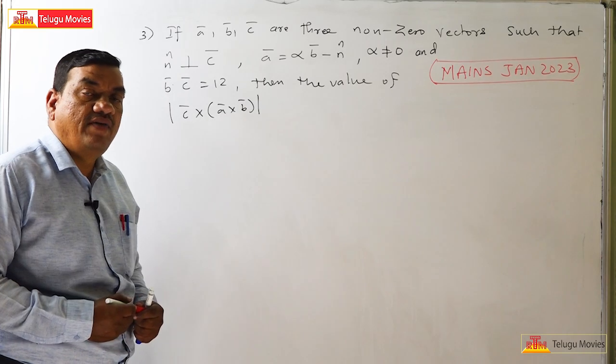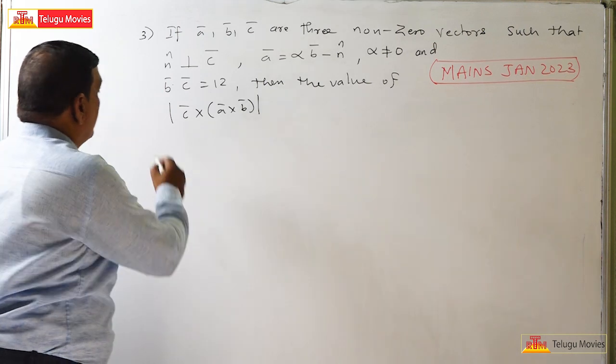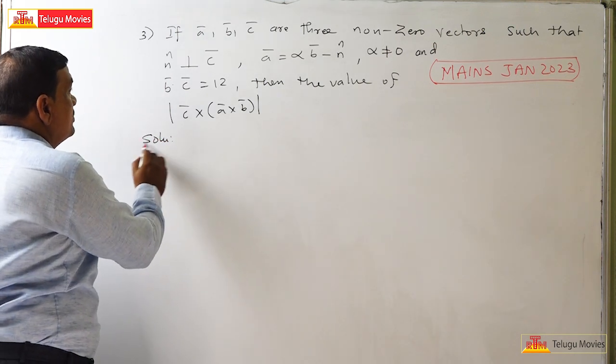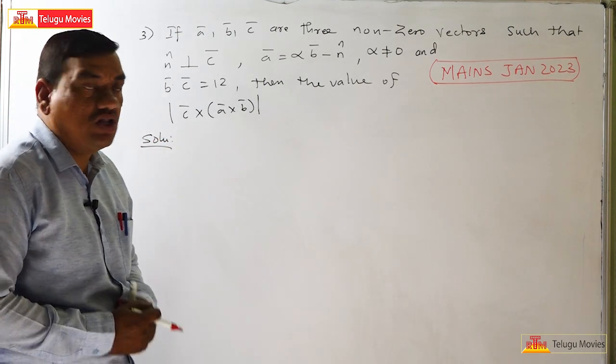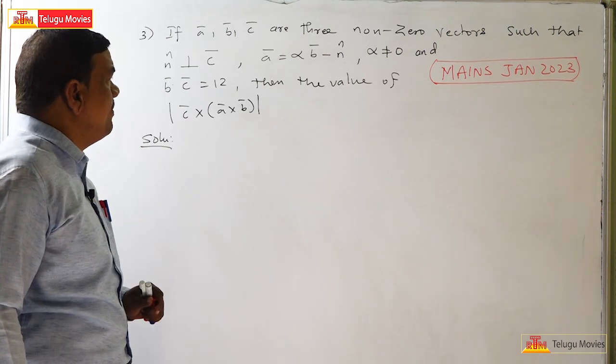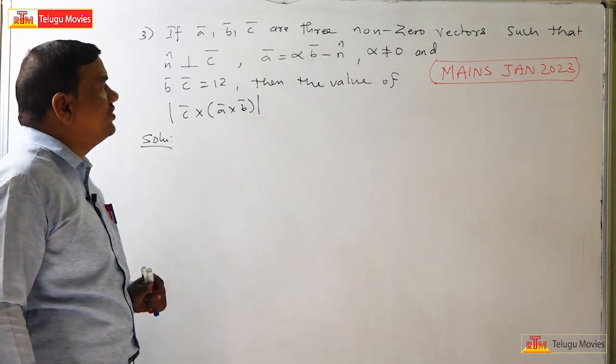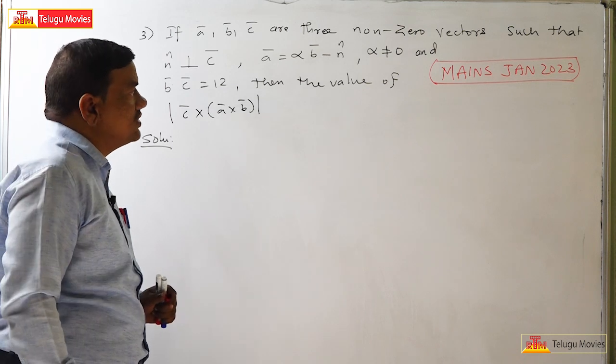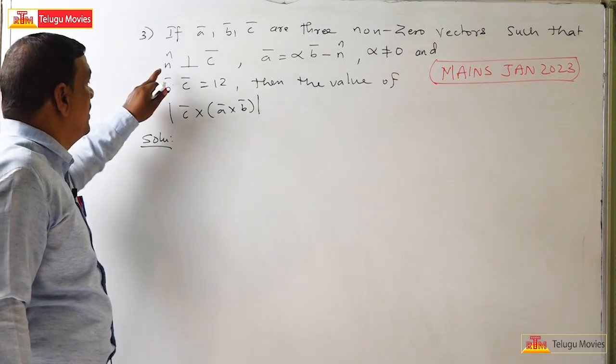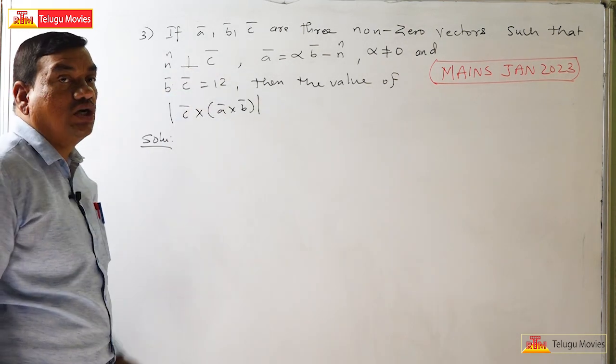Hi students, welcome to this problem. Very easy problem. This is from vector algebra. If A bar, B bar, C bar are three non-zero vectors such that n cap is perpendicular to C bar.